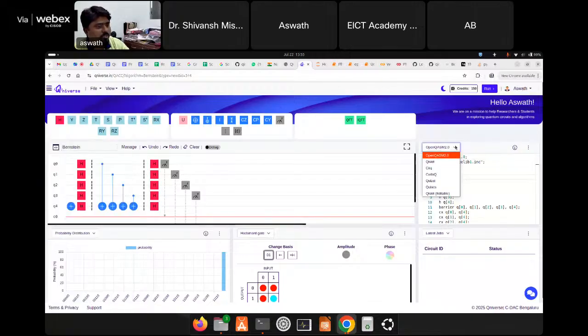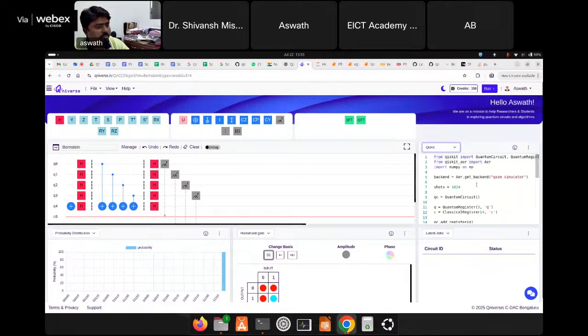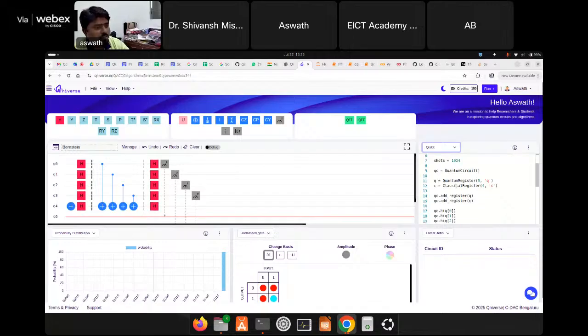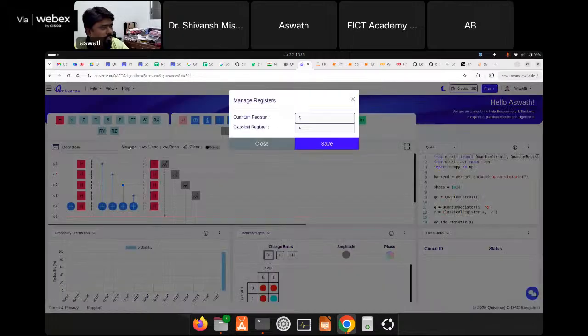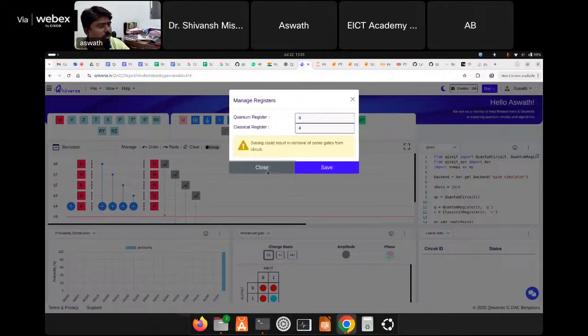Here also you can change the Qiskit code. So the Qiskit code is there. I think there should be somewhere I can change the input. Manage number of qubits, quantum registers is 4. No, you can't do that.